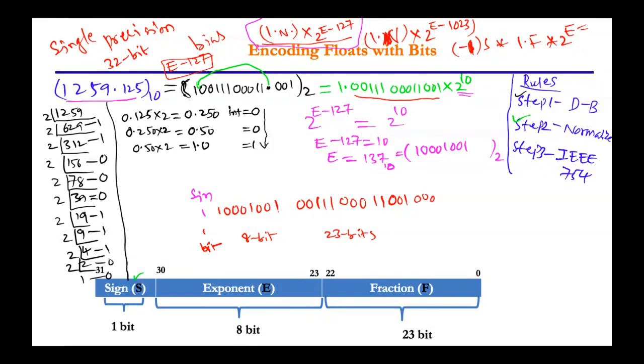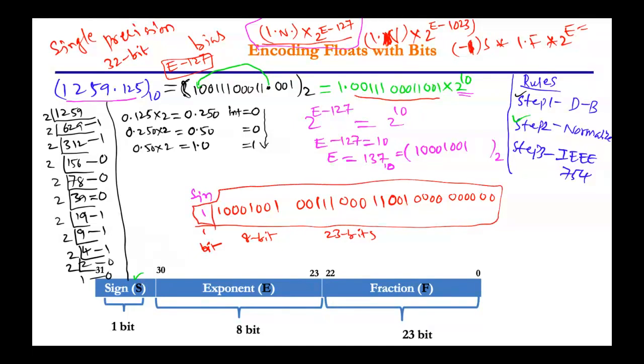1, 2, 3, 4, 5, 6, 7, 8, 9, 10. So in total it is a 32-bit encoding: 1 bit for sign, 8 bits for the exponent, and 23 bits for the fractional part.